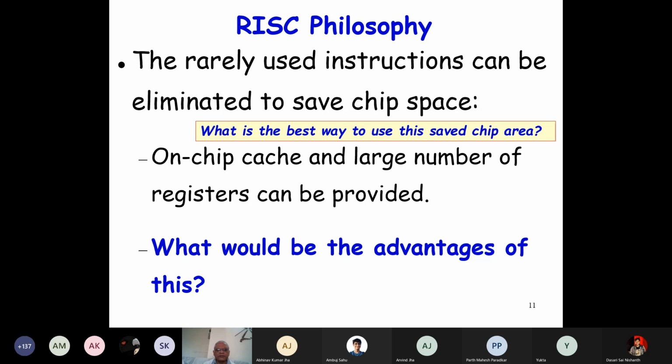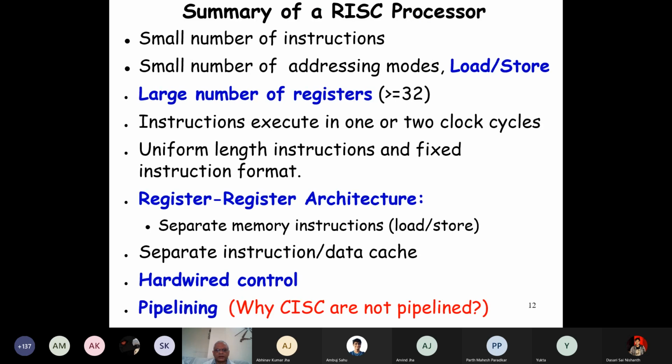And by having a large number of registers and cache, we reduce the memory traffic substantially, maybe 1000 times. If we have registers and cache, the number of memory accesses required will be 1 by 1000. And that way we get substantial speed up.